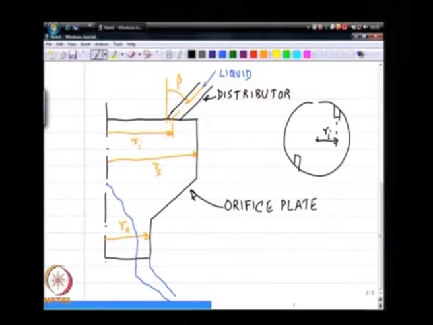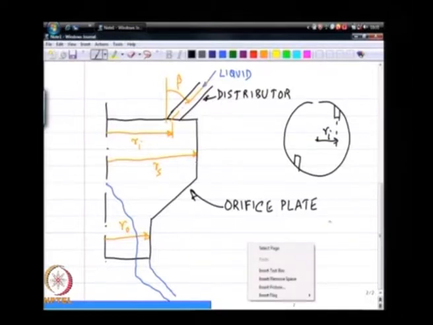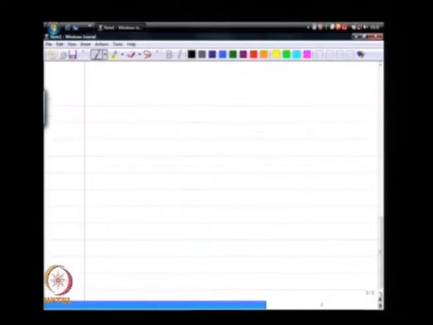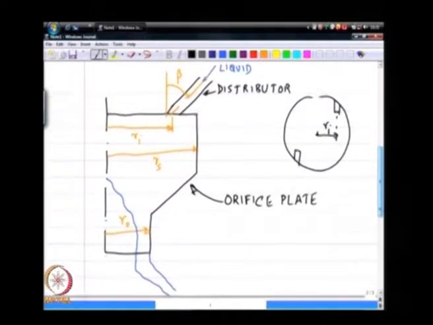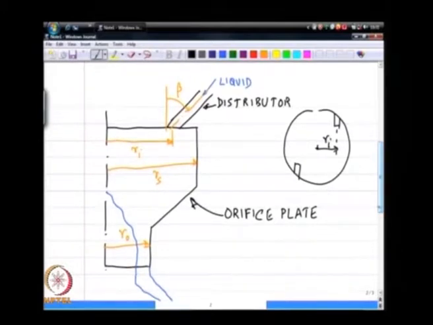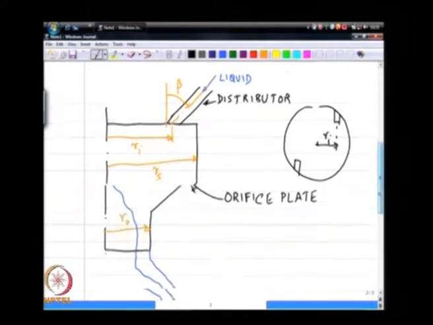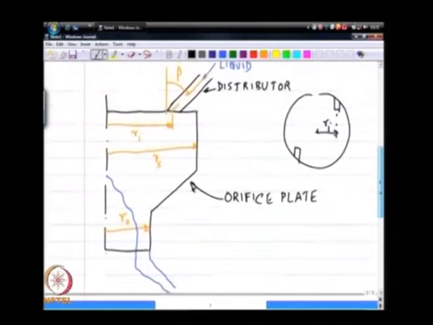Now, I have shown the swirl chamber here to be slightly larger than R I itself, so the distributor slots are not exactly at the very tangential edge of the swirl chamber, which is more like a practical situation.